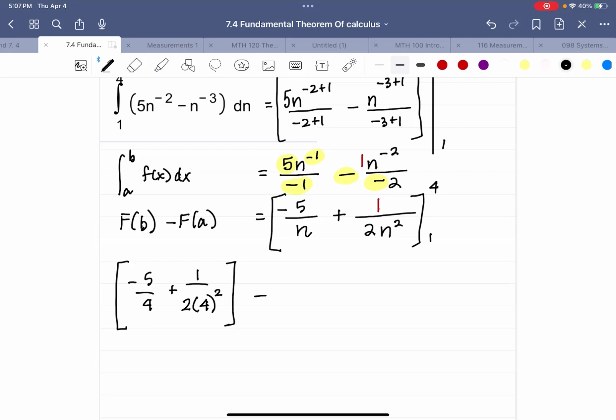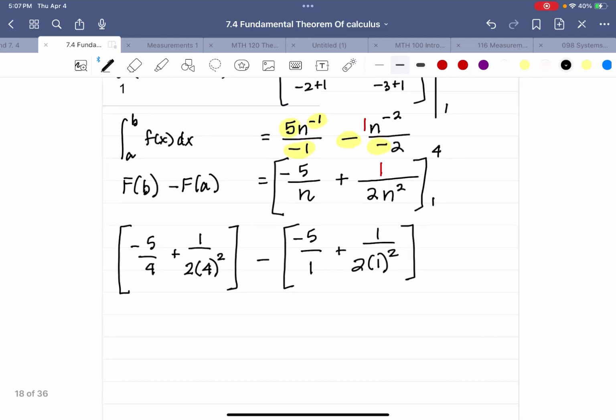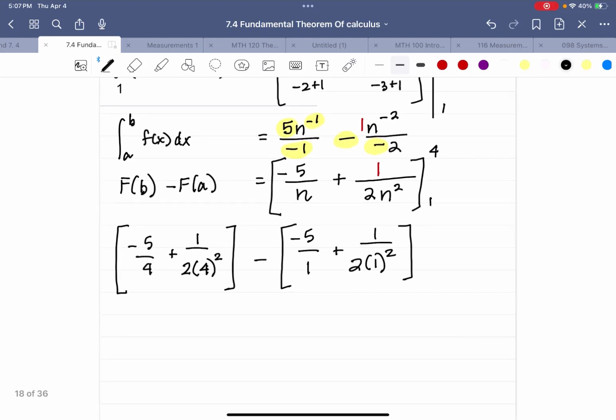We're going to subtract from that negative 5 over 1 plus 1 over 2 times 1 squared. In some cases, the arithmetic is the most difficult part, but just use your calculator, okay? I'll always do it the long way for the most part, but you can use your calculator.